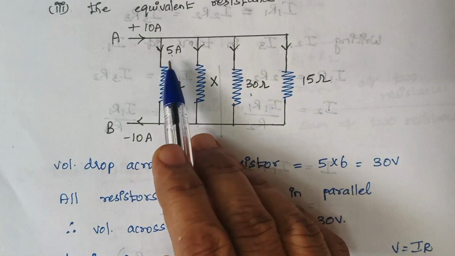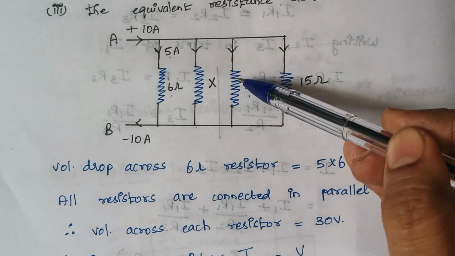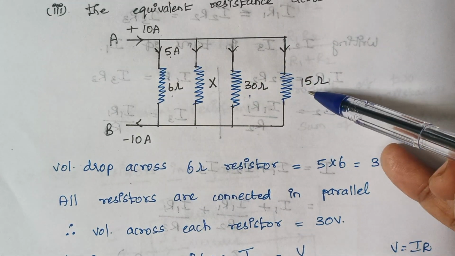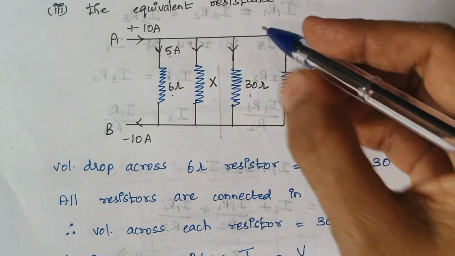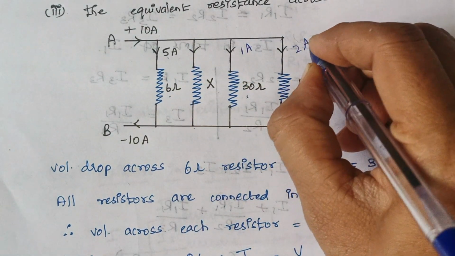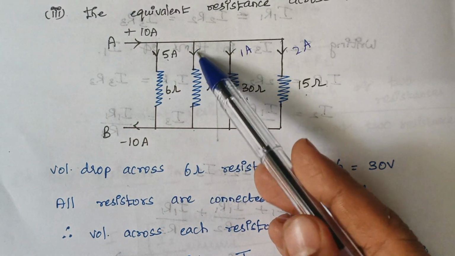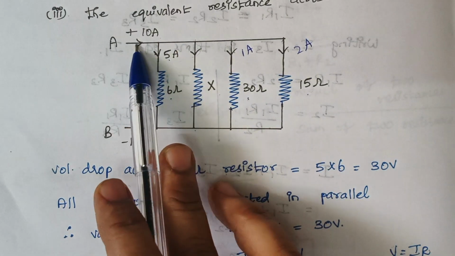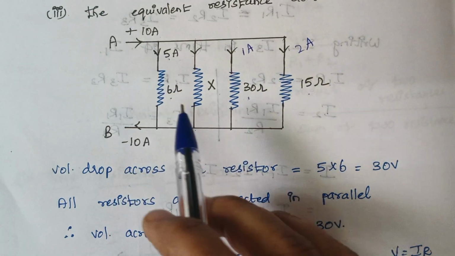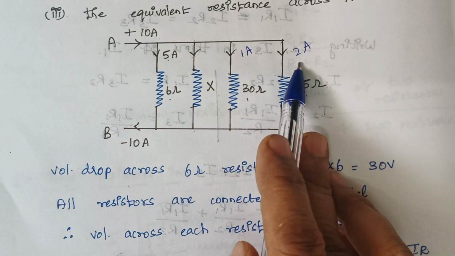So 5 amps is already given and just now we have calculated the current which flows through this 30 ohm and this 15 ohm. Here the current flowing through the 30 ohm resistor is 1 amp and here it is 2 amps. Right. Now can you guess what will be the current which flows through this resistor? You see in total 10 amps.